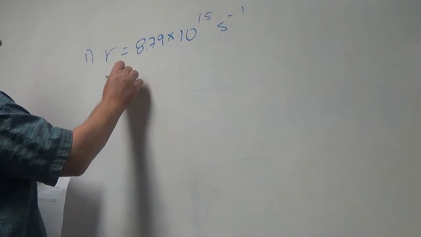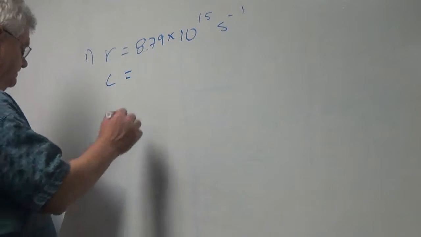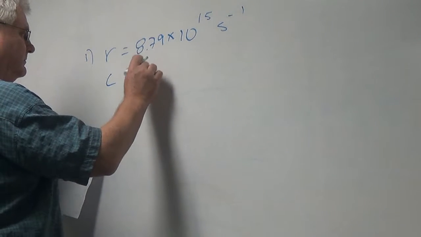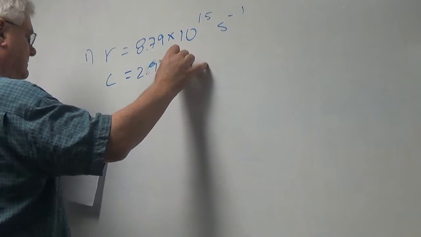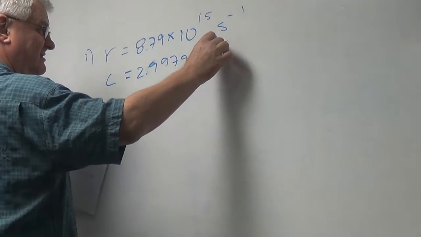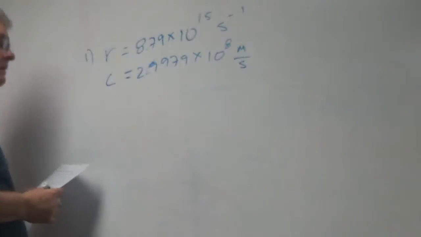Also, we know c is the speed of light, 2.9979 times 10 to the 8th meters per second.